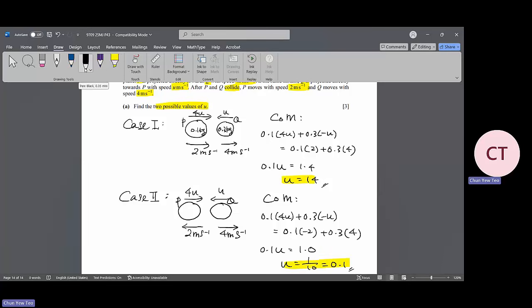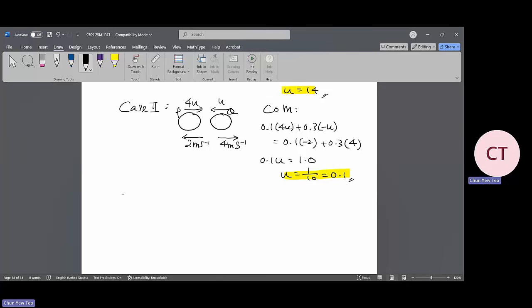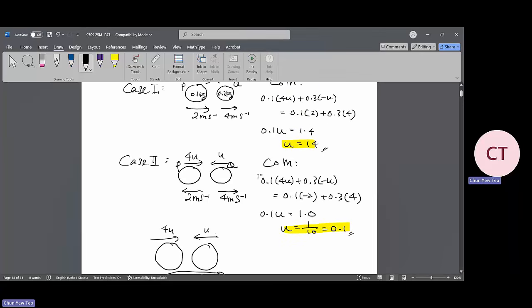Is it possible to have a third case? Maybe some of you will ask, is it possible that Q and P are moving in these directions after the collision? It is possible, but if you have this case, then your result will be u equal to negative 14.